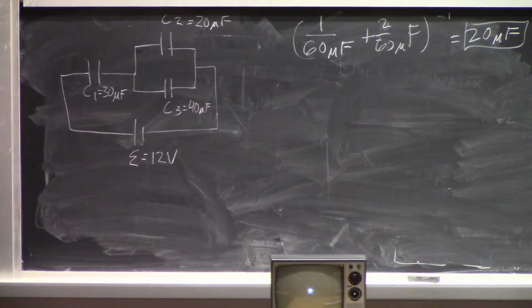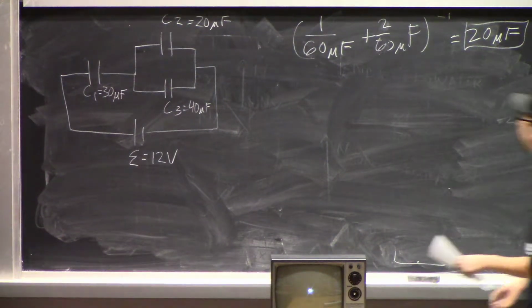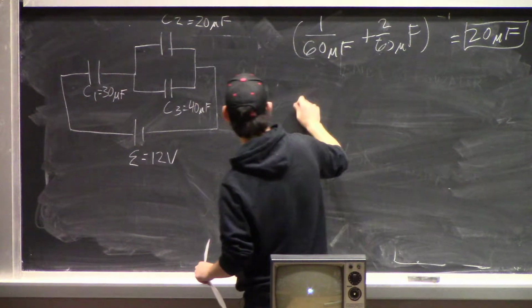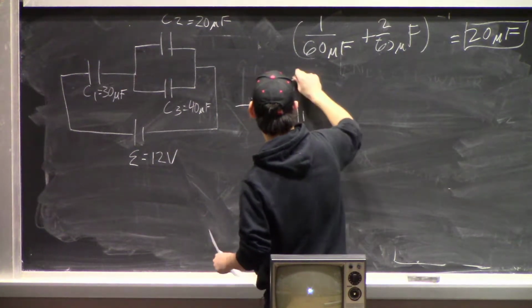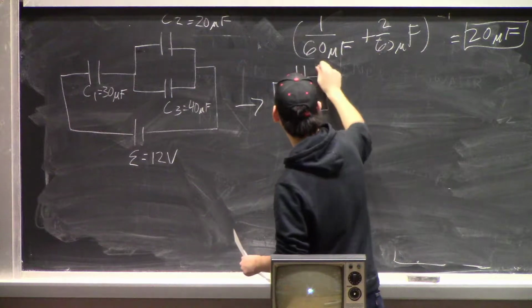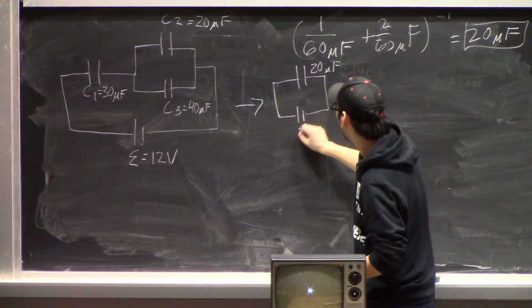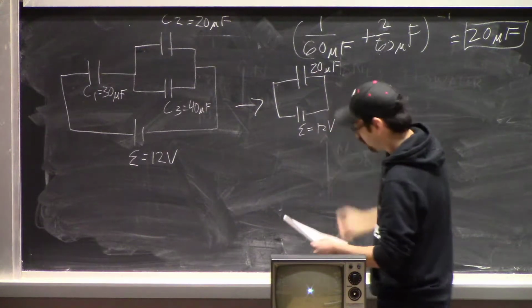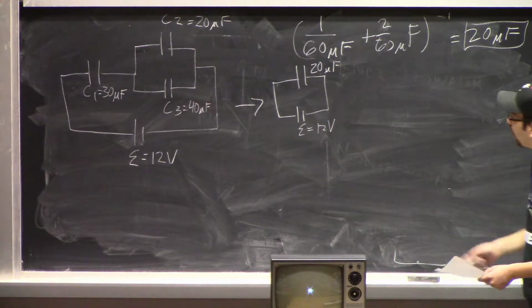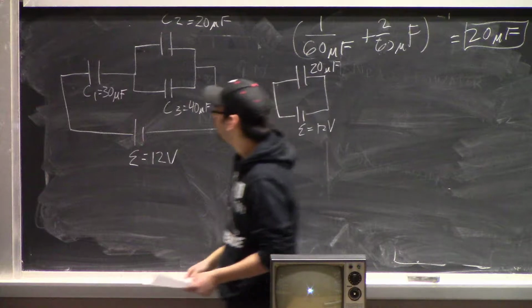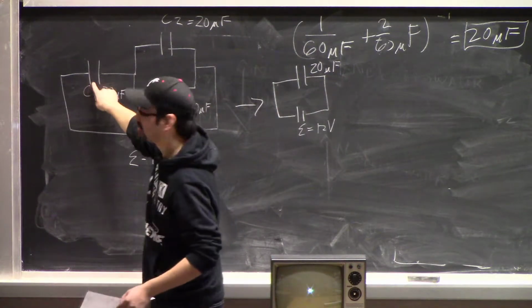Okay, so once we have that, it effectively reduces this system to just this system. So this is 20 microfarads. Now we can find what the charge is on this capacitor, which is going to be the same charge that's on this one.